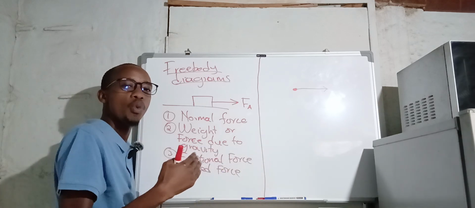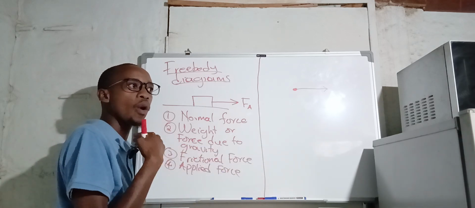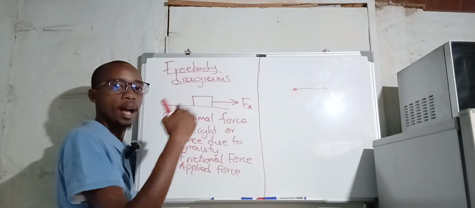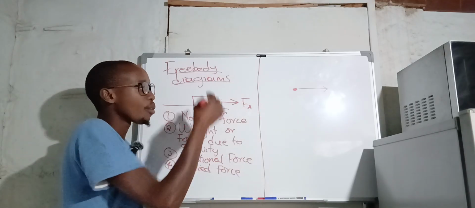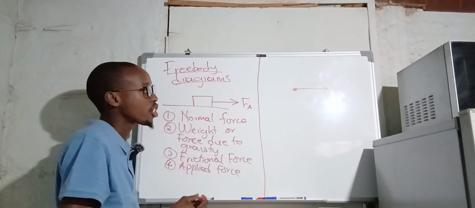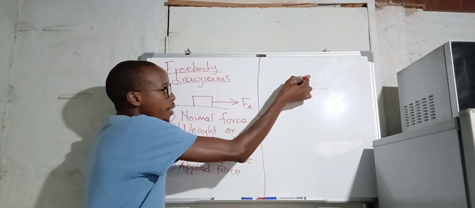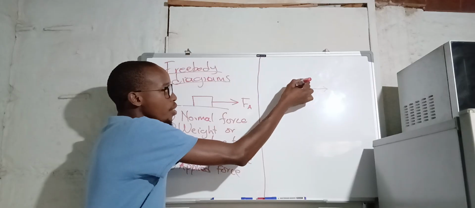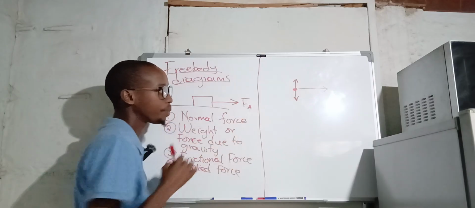I'm going to show you where this particular thing comes from, whereby we're going to say the length of the force applied has to be longer than any other length of the forces that I mentioned here. And then for the weight and the normal force, the forces have to be equal.